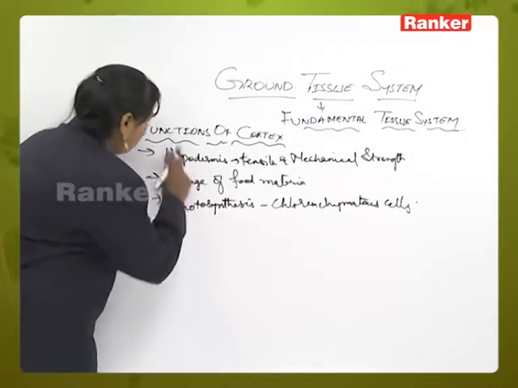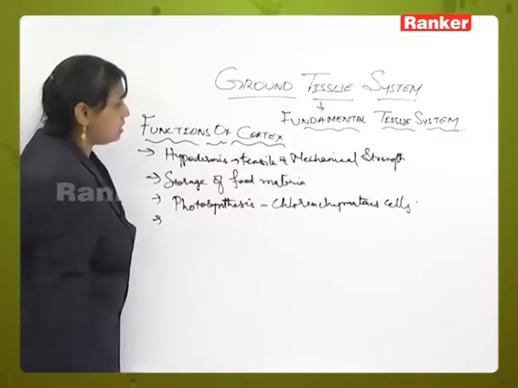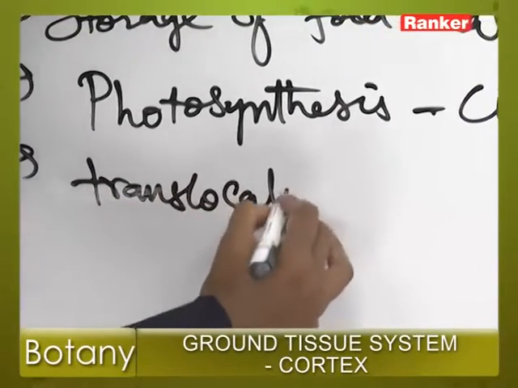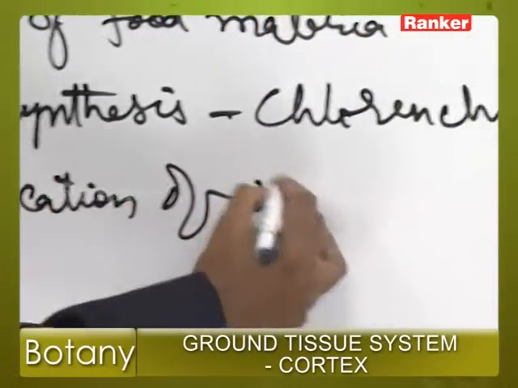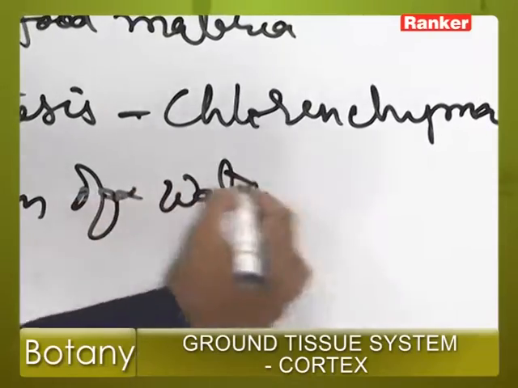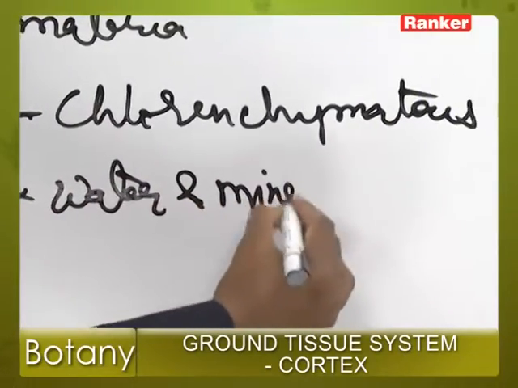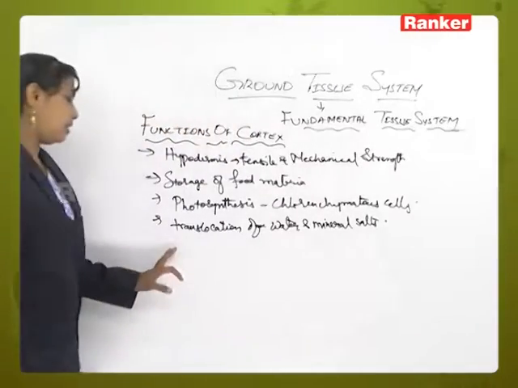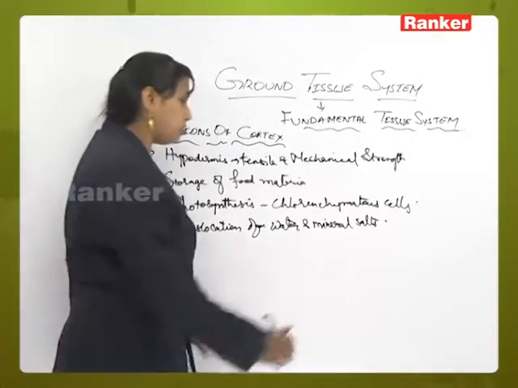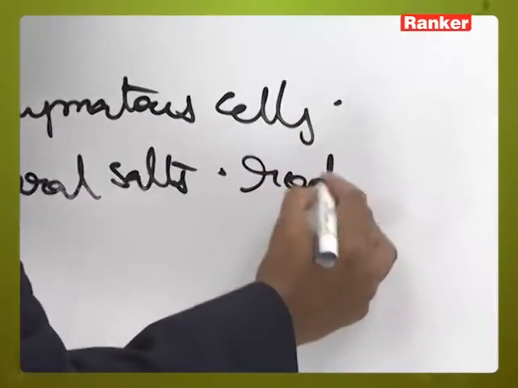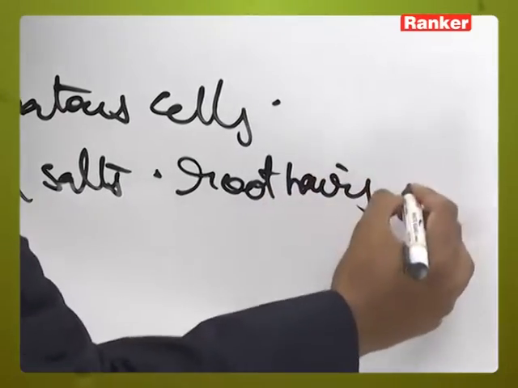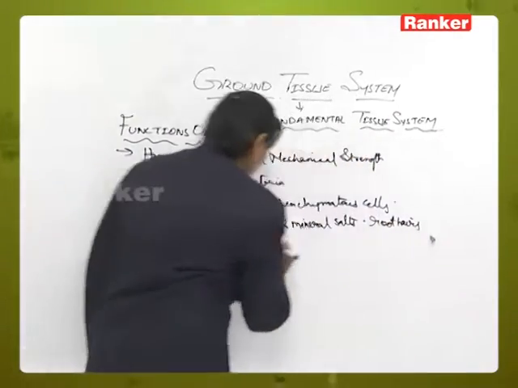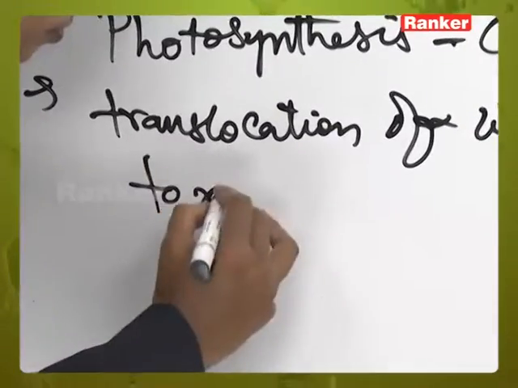Okay. Now, the major use, why we are studying the cortex in detail, is that it is also helpful in the translocation of water and mineral salts. From where do we get this translocation of water and mineral salts? From root hairs to xylem.